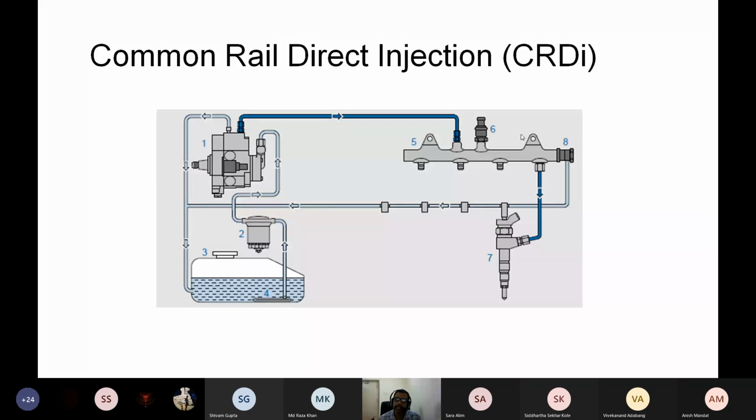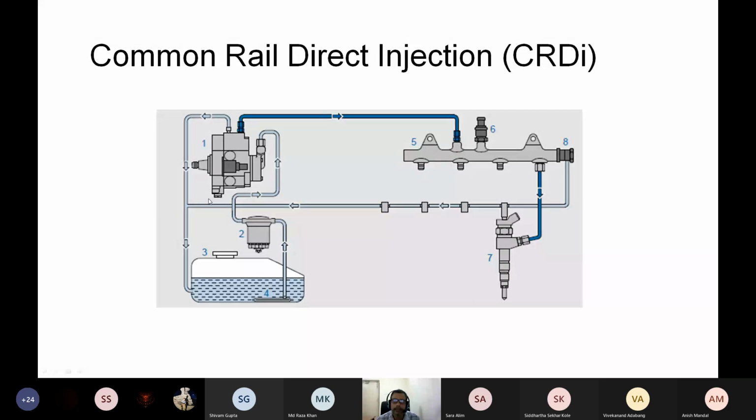Let us first discuss the first generation CRDI system. The difference between these two generations depends on the fuel pump and the algorithm or control system. Otherwise the rest of the things are the same.